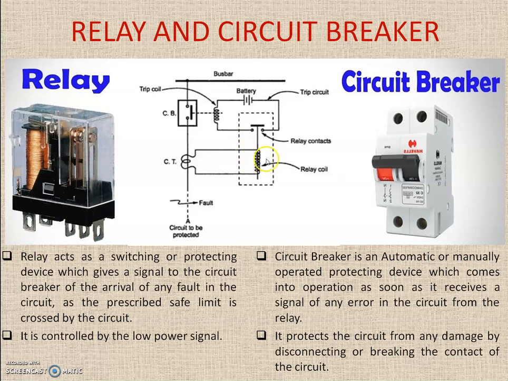It will pass through the relay coil, and it attracts the relay coil contacts, and it will close the trip circuit, and the current starts flowing in the trip circuit, and it will energize the trip coil, and the circuit breaker will open. So the relay coil is a sensing part, and it sends a signal to the circuit breaker to open the circuit on the occurrence of a fault in the circuit.